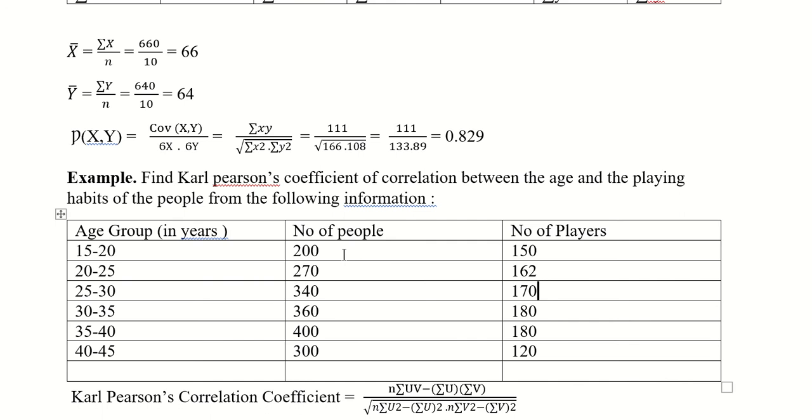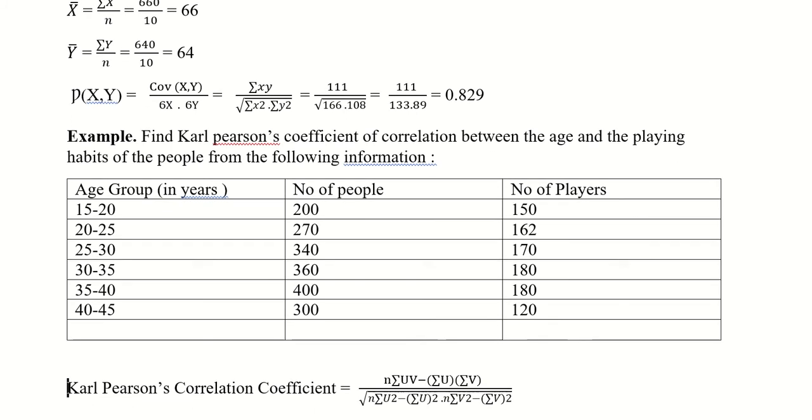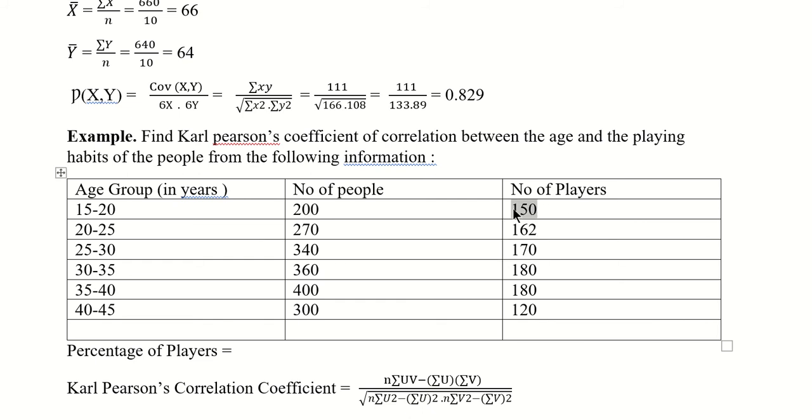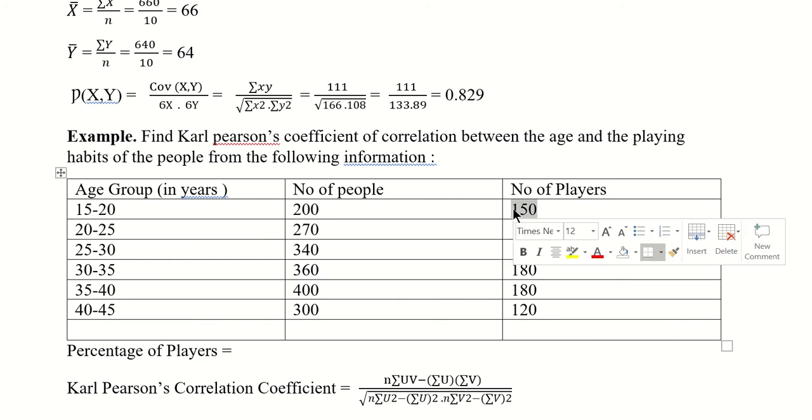So let's try to understand. What do we need? The first thing we need to calculate here is the percentage of players, basically. Like if there are 200 people, out of 200 only 150 play a certain game, so we will calculate the percentage.